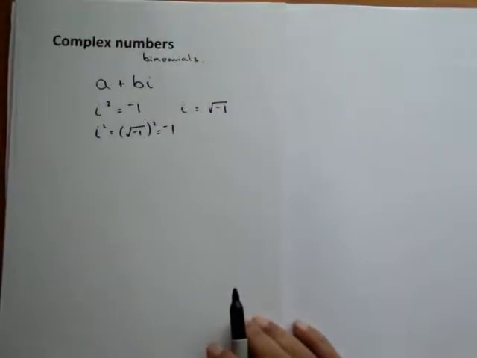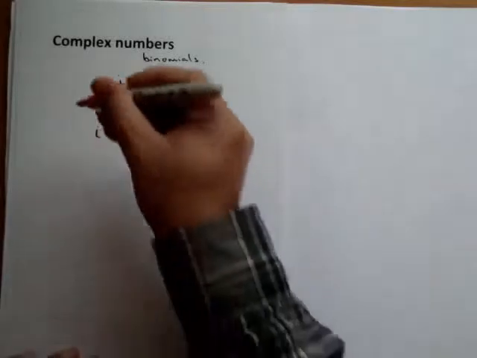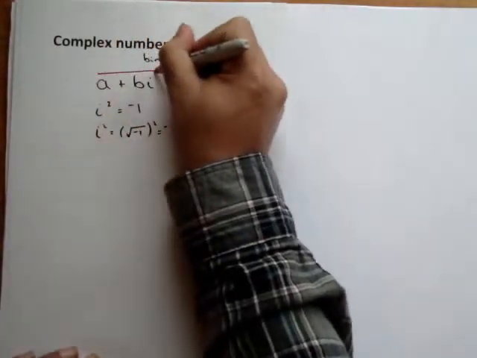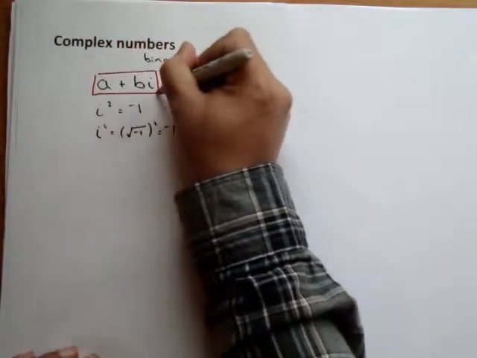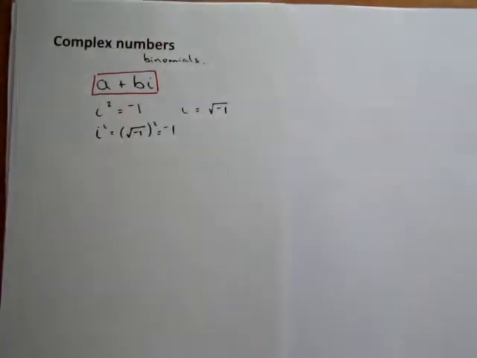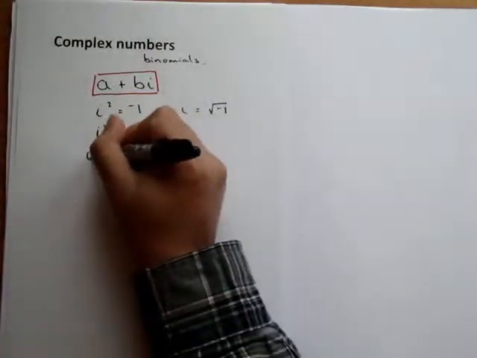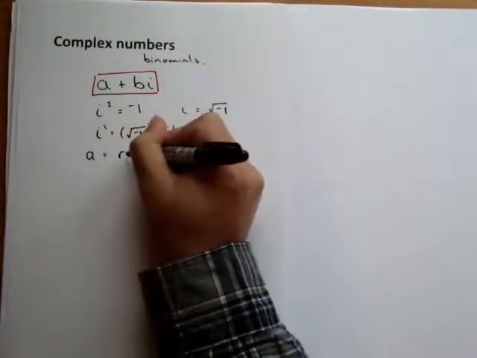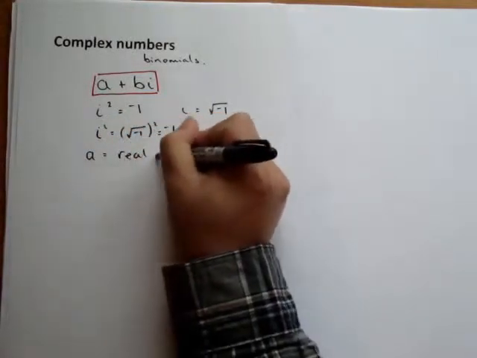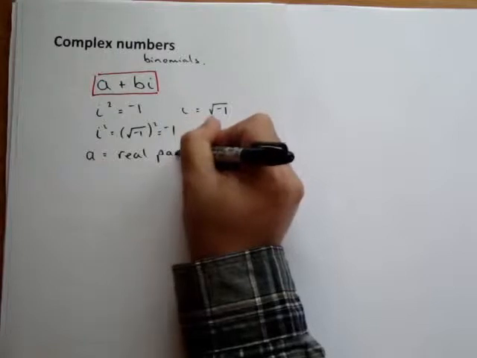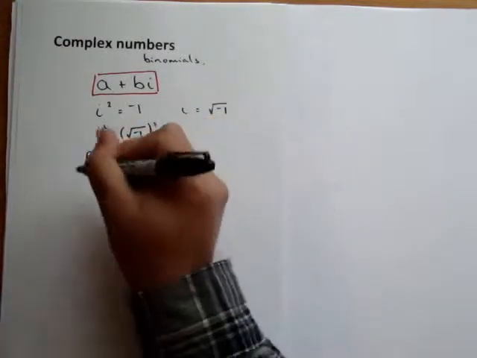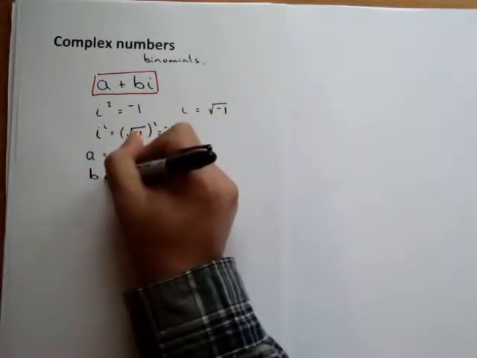Now in this complex number a plus bi, let's just put that in a little red square. a is the real part of the complex number, and b is the imaginary part.